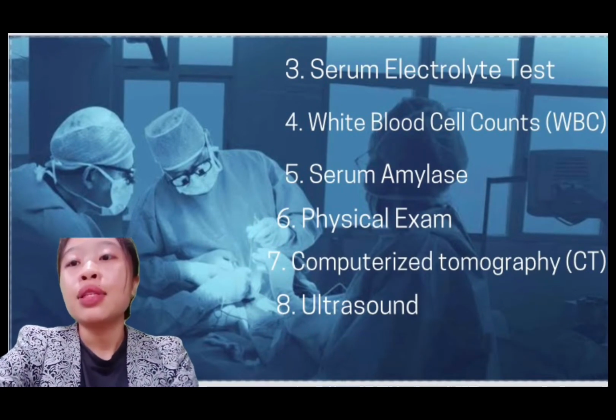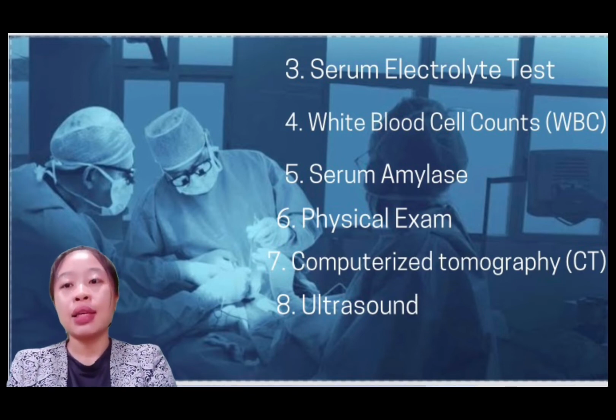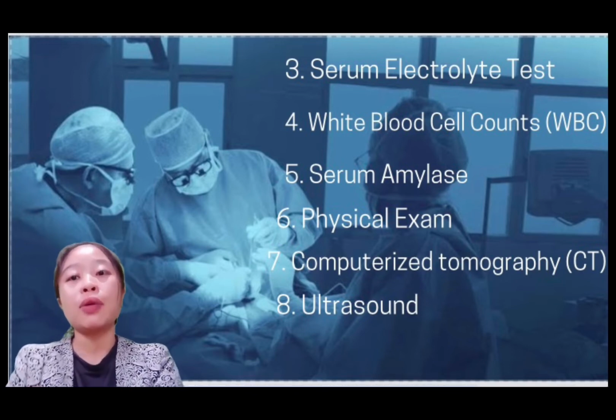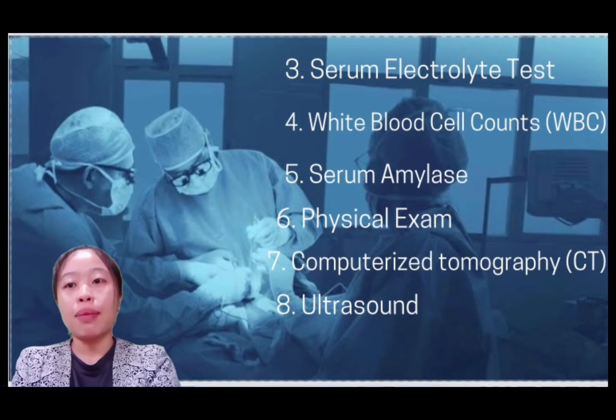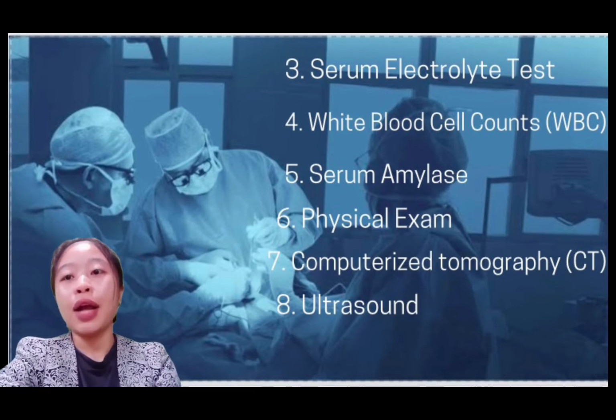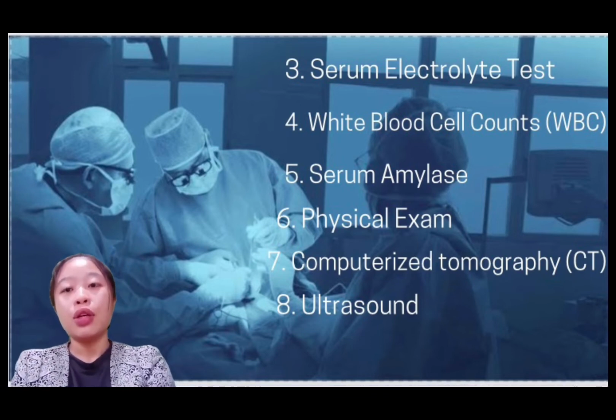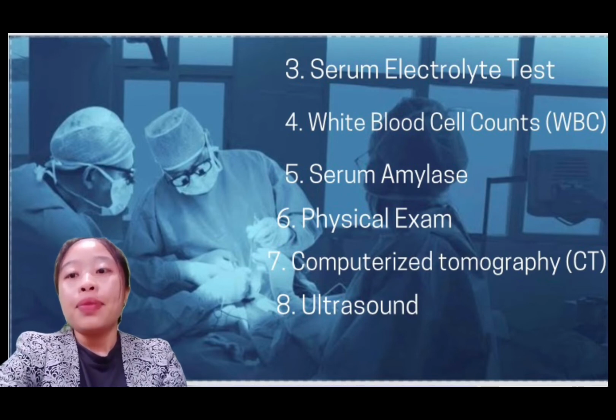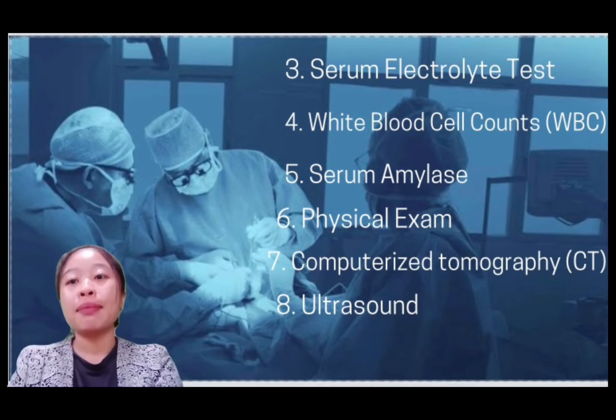And then the serum electrolyte test. A healthcare professional will take a blood sample from a vein in your arm using a small needle. Then we have the white blood cell count.